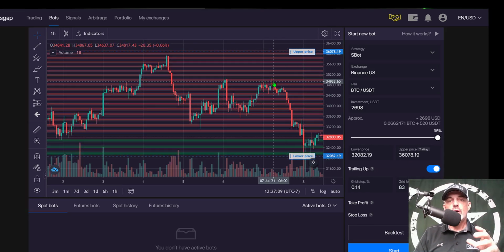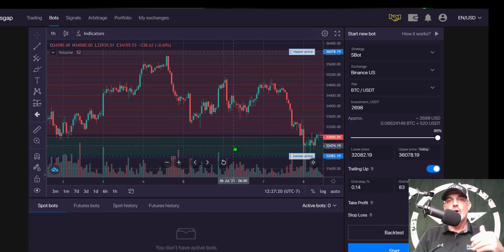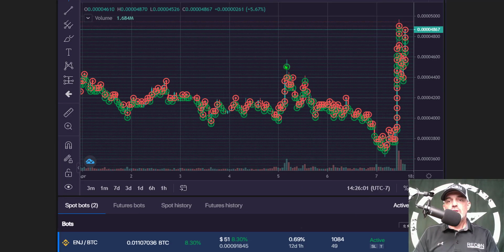Now, before we get too far into the weeds, if you're not familiar with how a grid bot operates, a grid bot is basically made up of open limit orders. The green lines you see on the chart are open limit buy orders, and the red lines are open limit sell orders. When the price action moves down and hits the green lines, the bot is buying at a lower price.